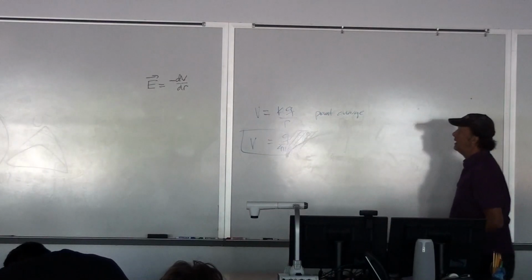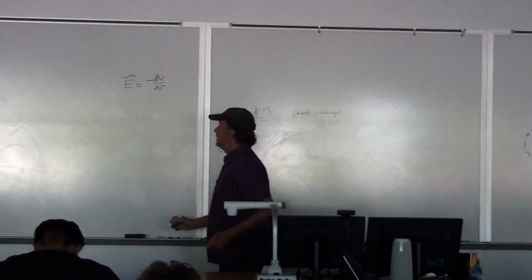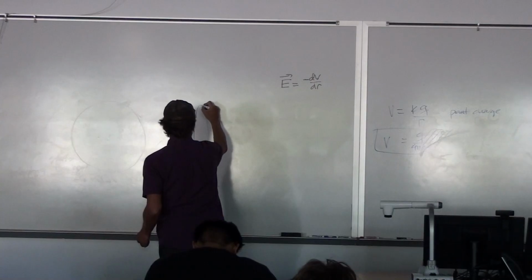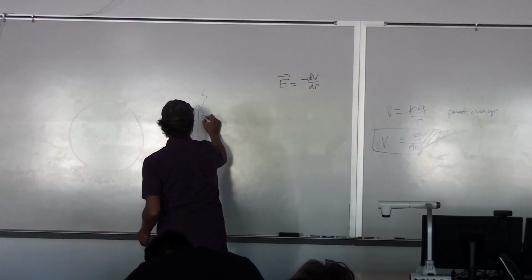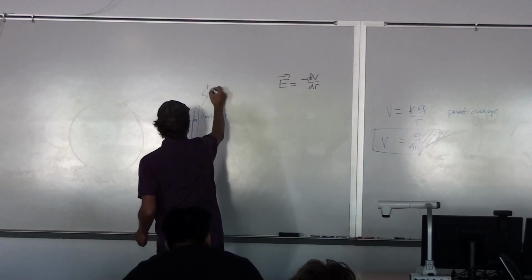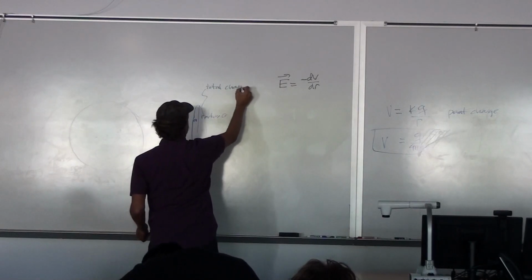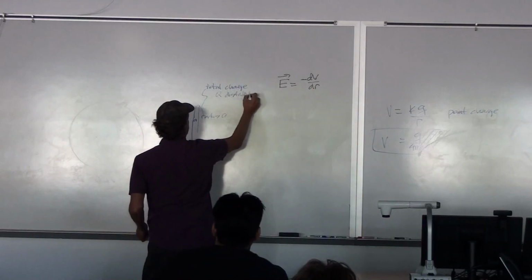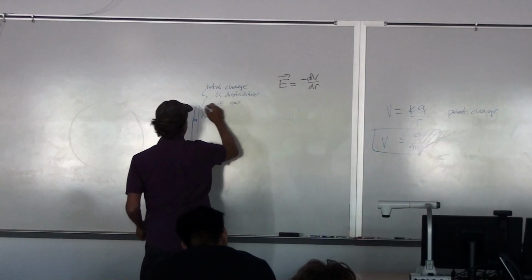So, how would we make that work then if we had, let's say, a ring of charge? Let's say that this ring has a radius A and a total charge Q uniformly distributed over the ring.